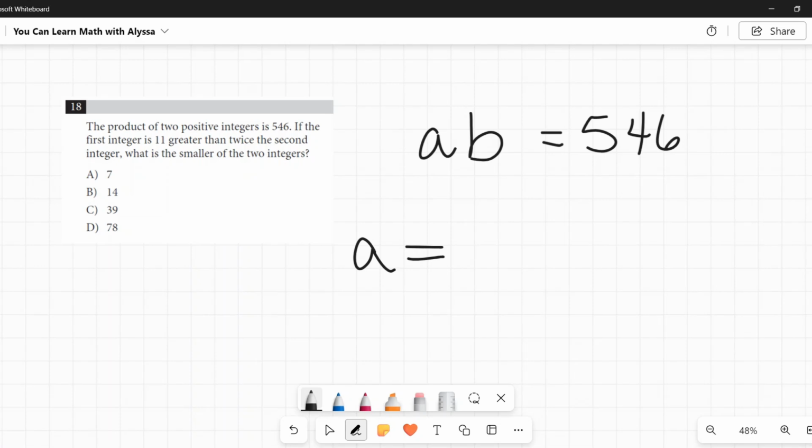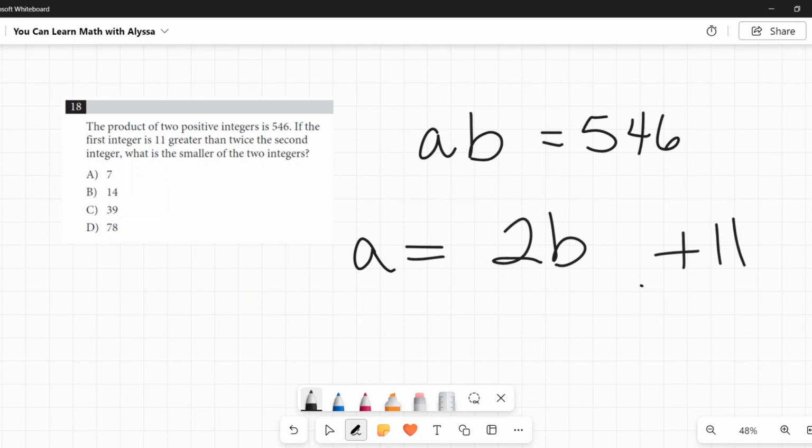The first integer is A equals. What is it equal to? It is 11 greater. So 11 greater means adding 11. 11 greater than twice the second integer. So 2 times that second integer plus 11 will give me the first integer.